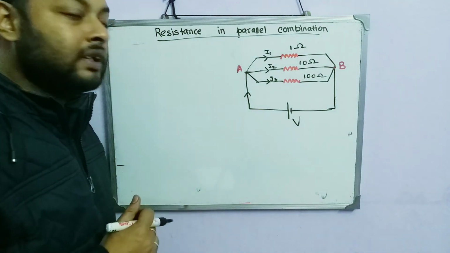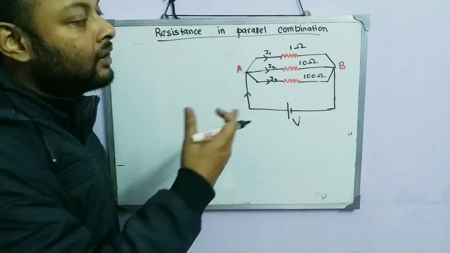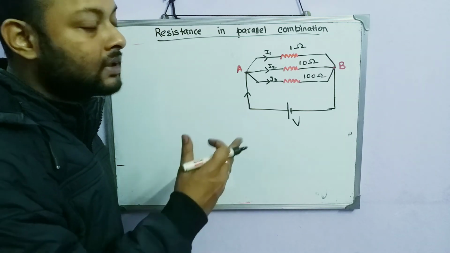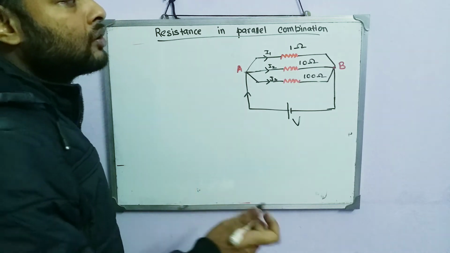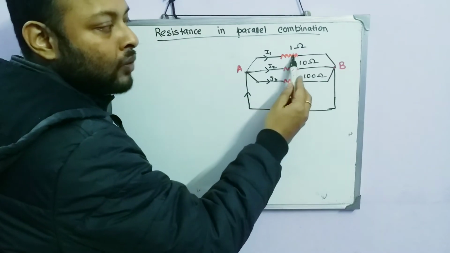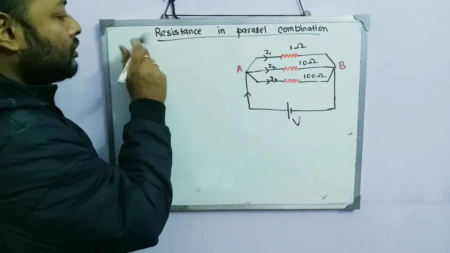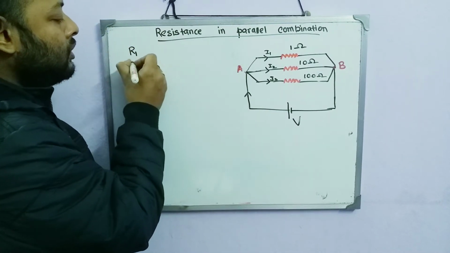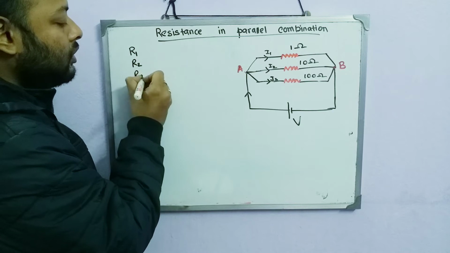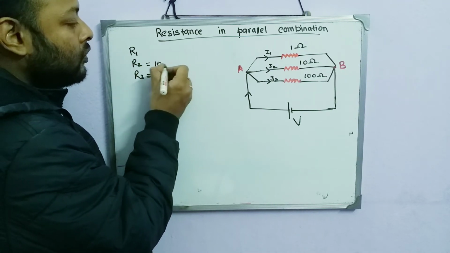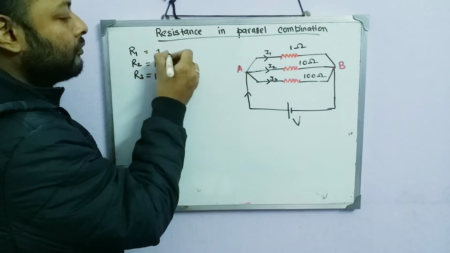Now this question is given in your book also. I have to find the equivalent resistance of this circuit. Over here I have 1 ohm, second I have 10 ohm, and third I have 100 ohm. So R1, R2, R3: 1 ohm, 10 ohm, and 100 ohm.